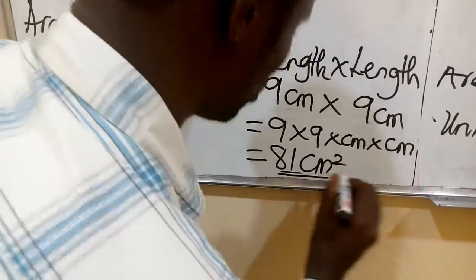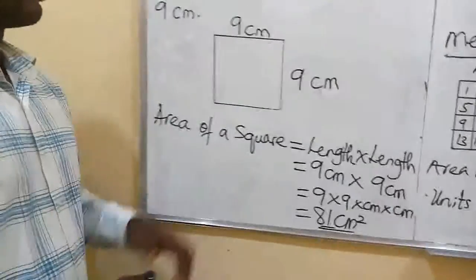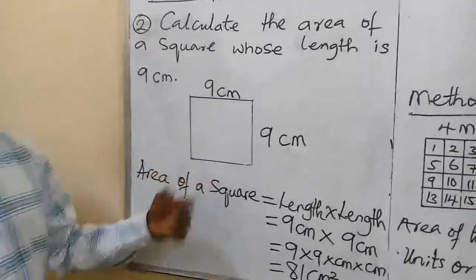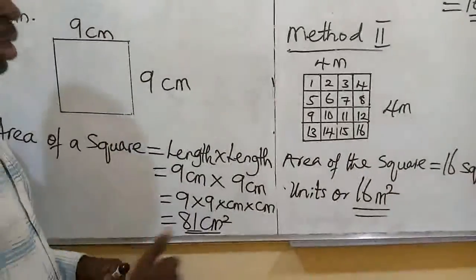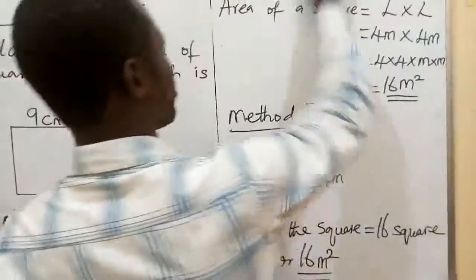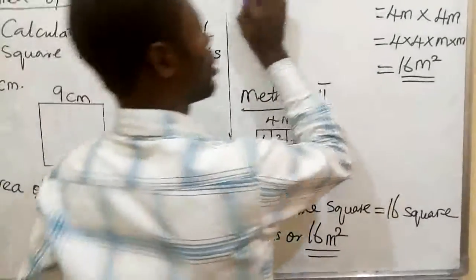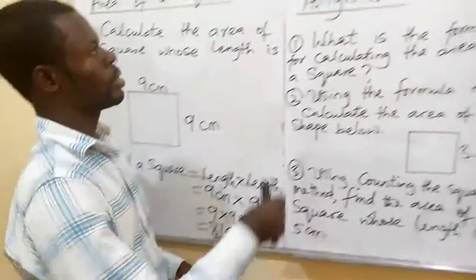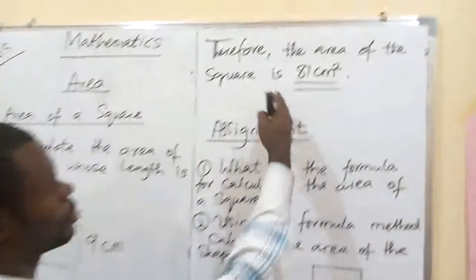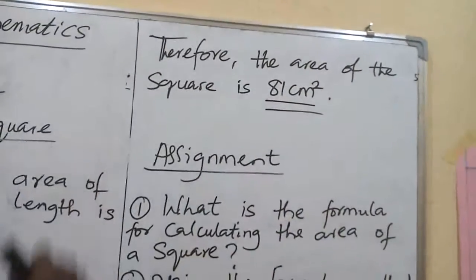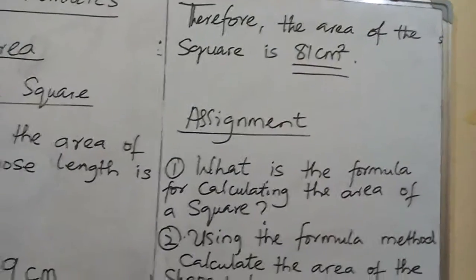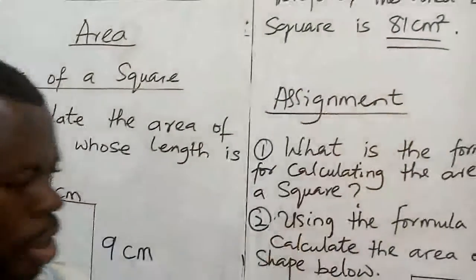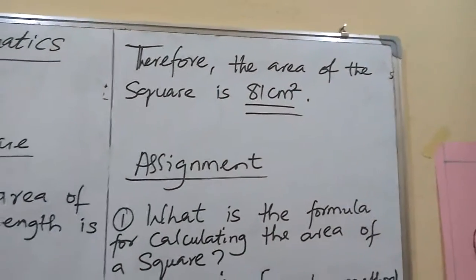So, therefore, the area of the shape or the square is what? 81 centimeters square. I'm going to summarize the answer here. Therefore, the area of the square is 81 centimeters square. That is the area of the square given in the question: 81 centimeters square.